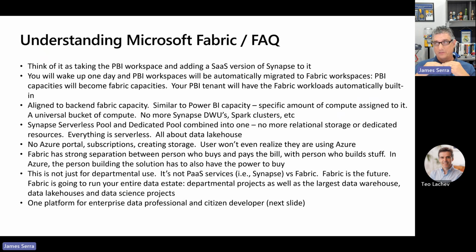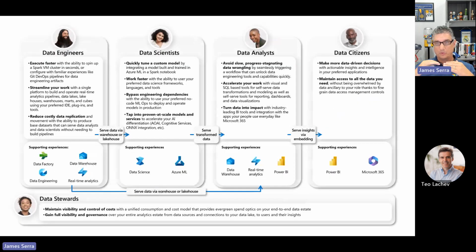Fabric is built on the idea of personas, where it's broken out to people who could be a data citizen, to data engineers, to data scientists. The idea is that these personas will likely use a subset of the products on there. Now, they still have the ability to use all the products on here, but the workspace is optimized and tailored to whatever persona you choose.